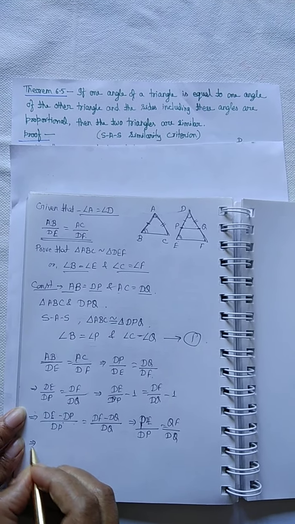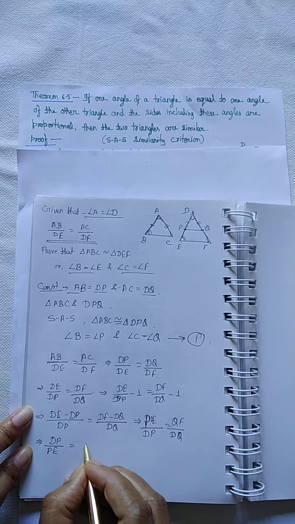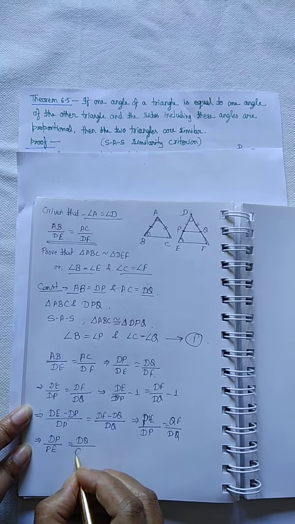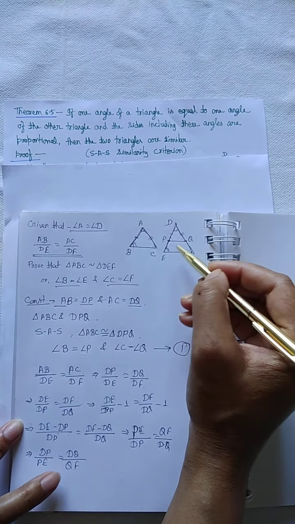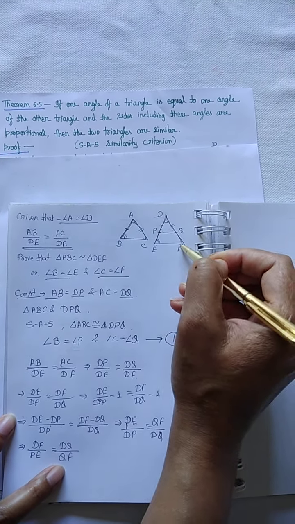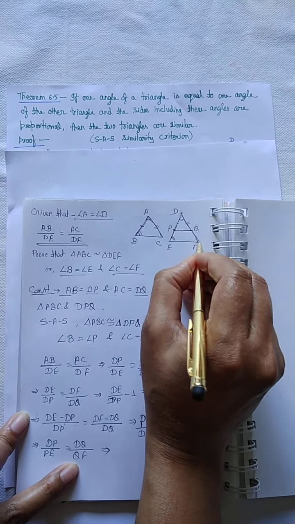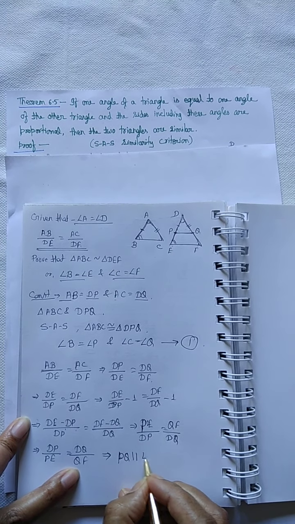Or we can also write DP by PE equals DQ by QF. Okay. That means DP by PE equals DQ by QF. So from here we can say that PQ is parallel to EF.